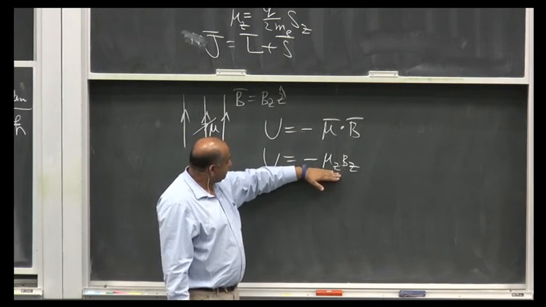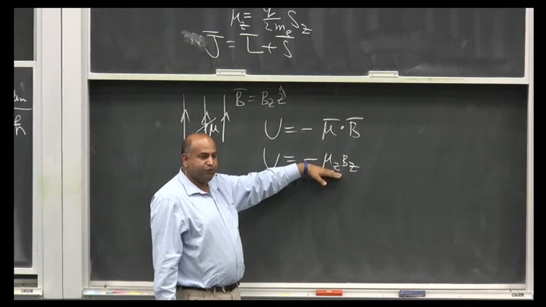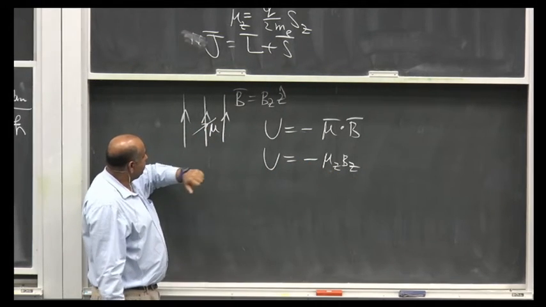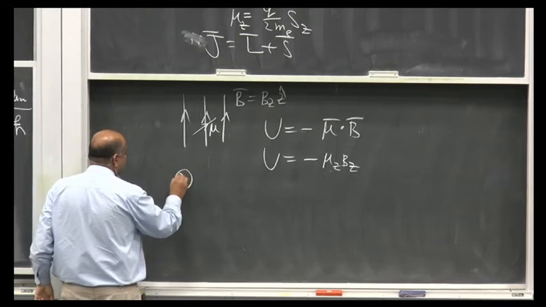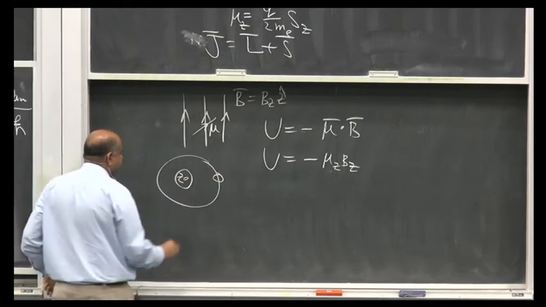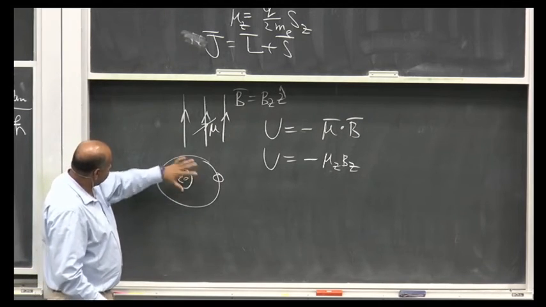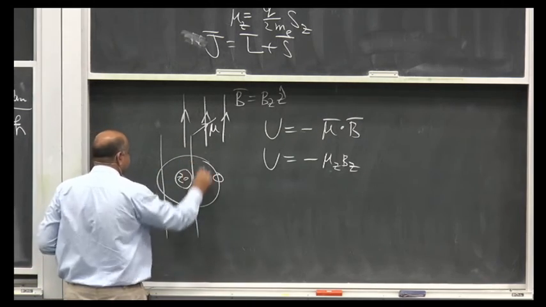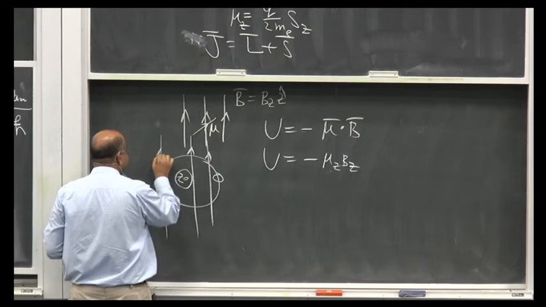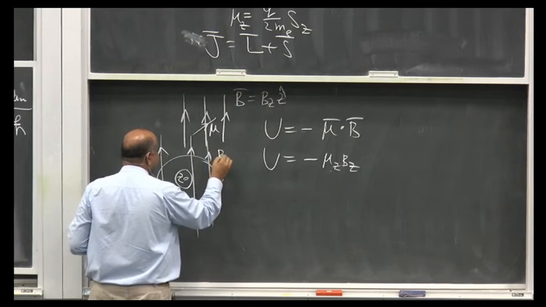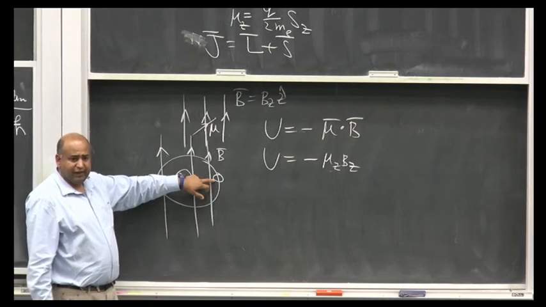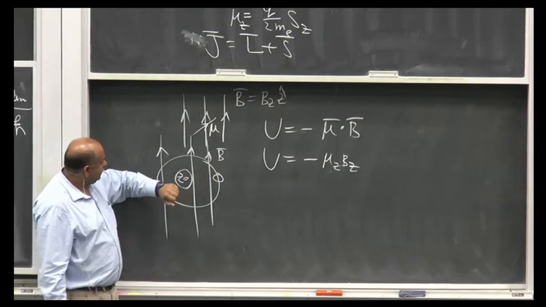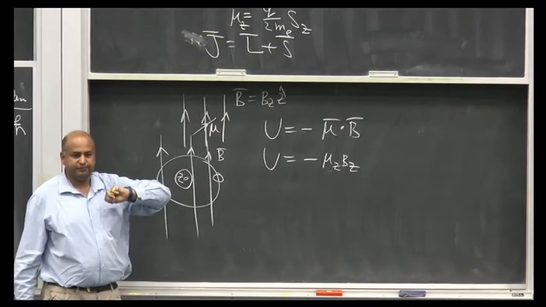So this is the potential energy of a dipole in a magnetic field. It means the potential energy of an electron, let's say I consider a hydrogen atom, and you imagine that this hydrogen atom now exists in an external magnetic field, which means the energy of this electron is now a sum of the three energies.